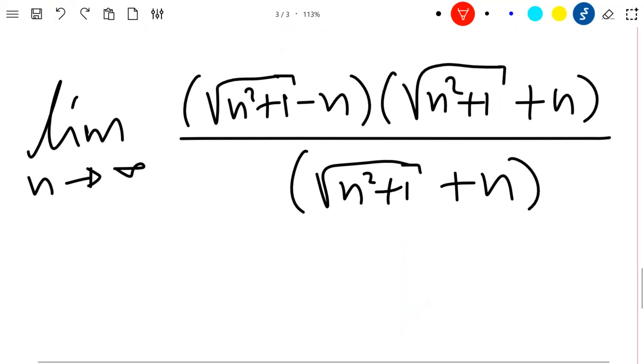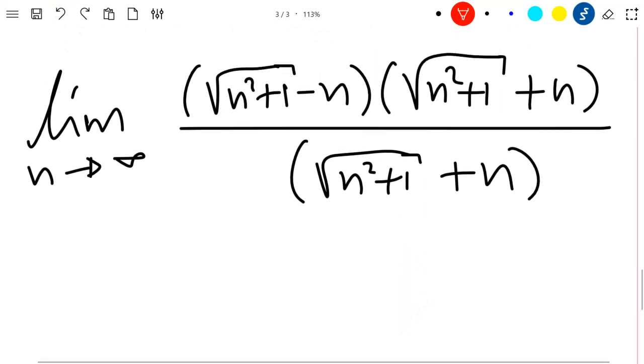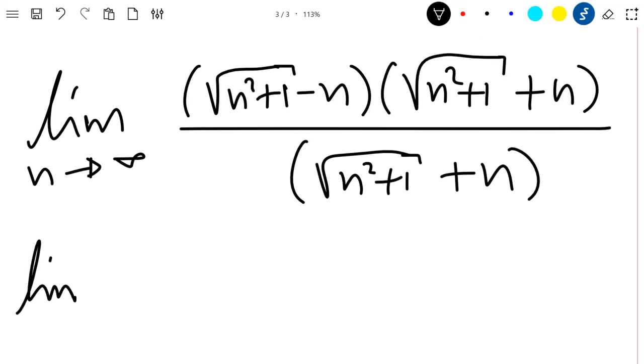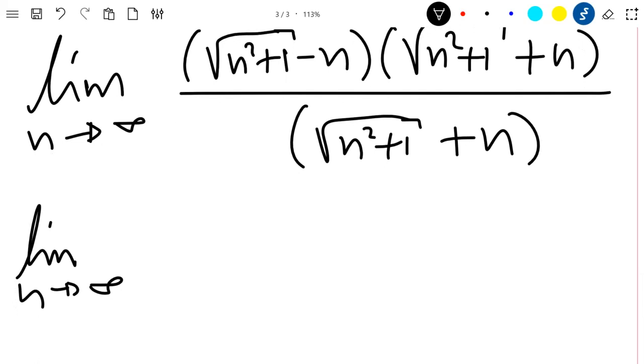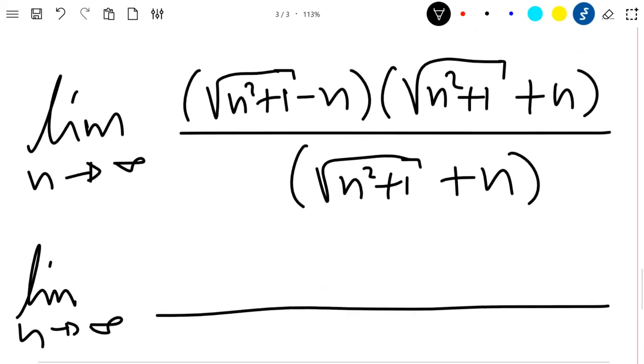So what is this? Let's just expand the numerator here. So I will have that this is still the limit when n tends to infinity of this times this one.